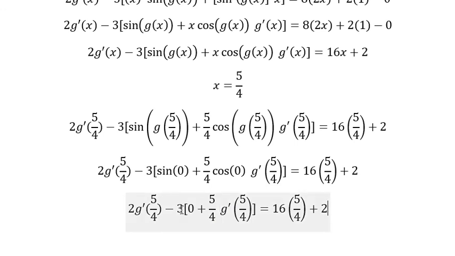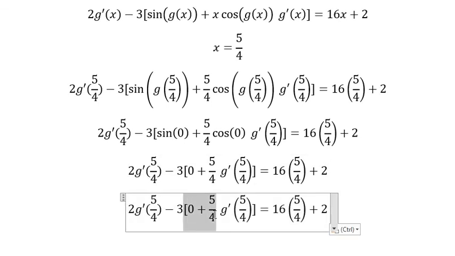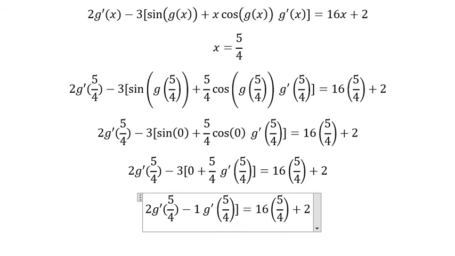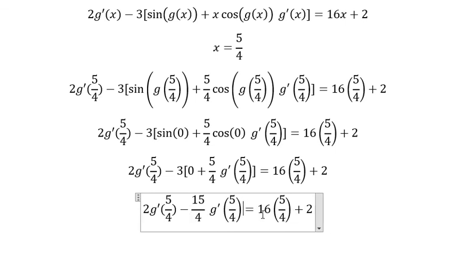Now, negative number 3 multiplied by 5 over 4 in here. This one, we will have negative 15 over 4. So this one, we have 22.